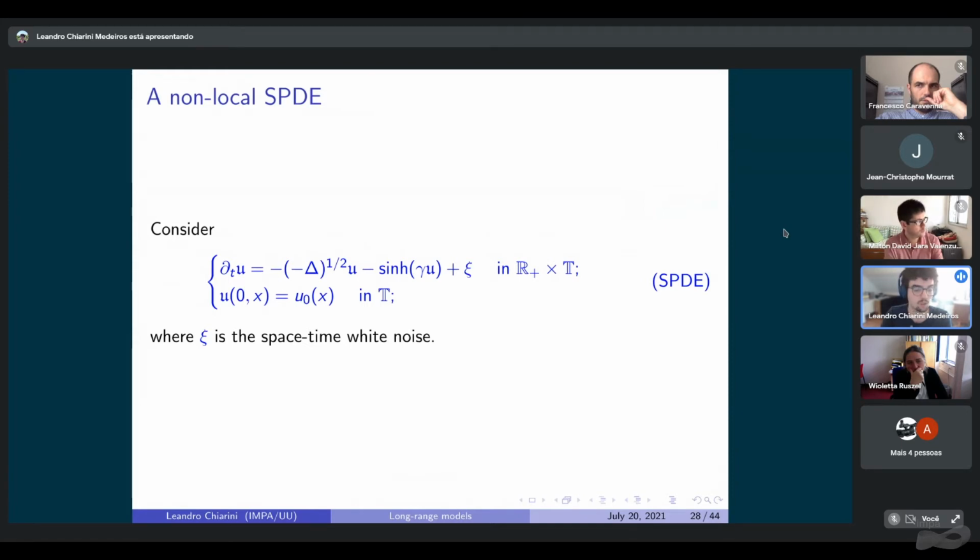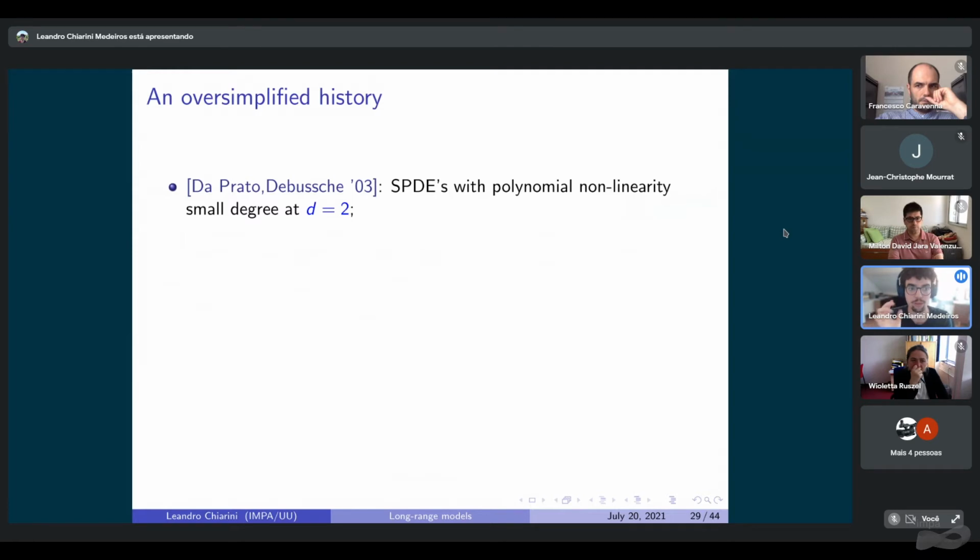Right. So before I start talking about how we give sense to this equation and proceed with our results, I will just give a very, very oversimplified version of the history of such SPDEs, already jumping quite far, starting with the SPDEs that were studied in the Da Prato–Debussche paper in 2003, and they introduced the Da Prato–Debussche trick that we're actually going to use here as well.